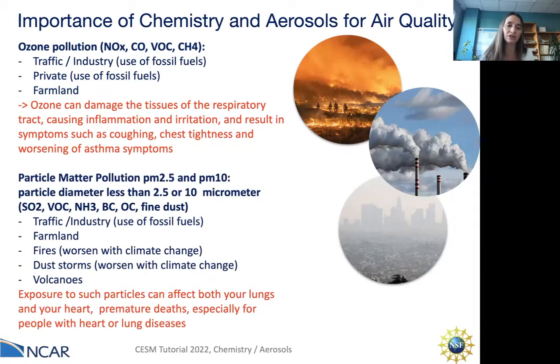In addition, particulate matter is very important to be considered for pollution. What we often look at is PM2.5 and PM10, particles with diameters of less than 2.5 and 10 micrometers. Those are produced by aerosol precursors as well as by aerosols from our anthropogenic emissions, but also come from increasing fires with climate change and dust storms that are worsening.